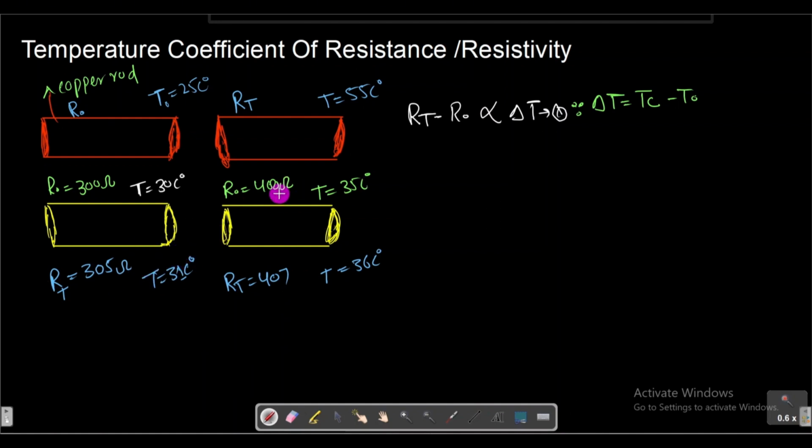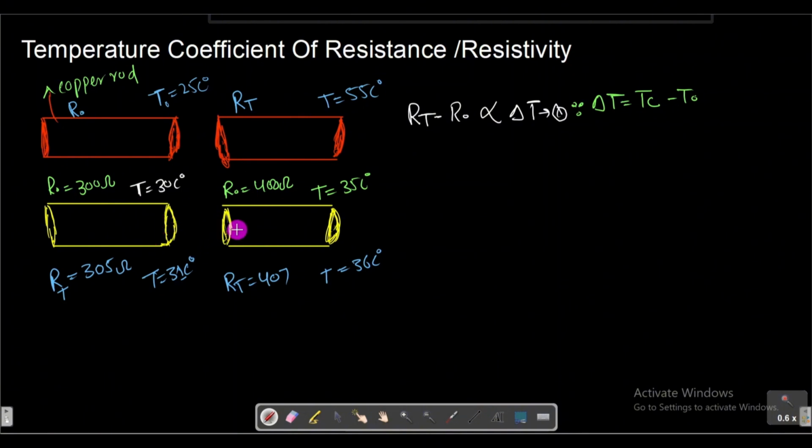This is because the original temperature of this rod has already increased, and by a 1 degree rise, the resistance of this will not increase by the same amount as here, because the overall temperatures of these two rods are different. The internal energy of these two rods is different.